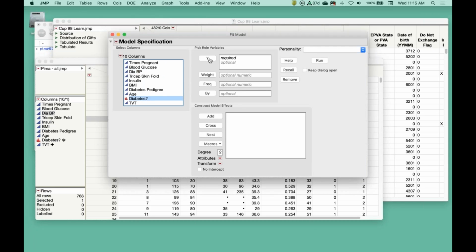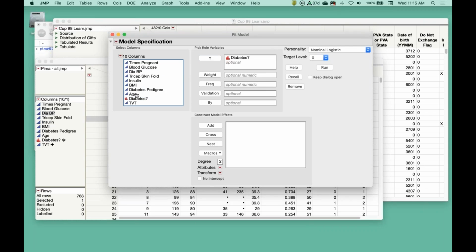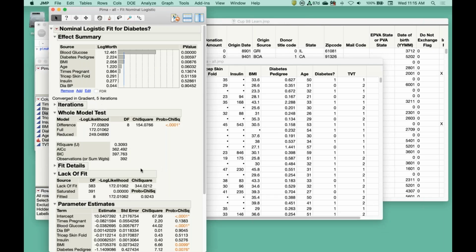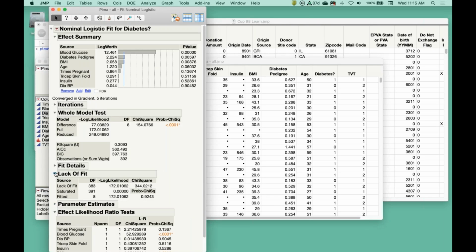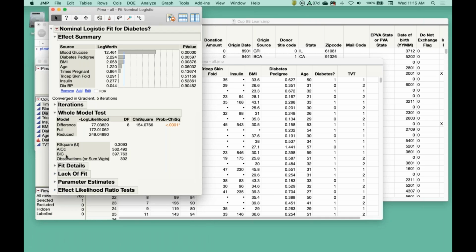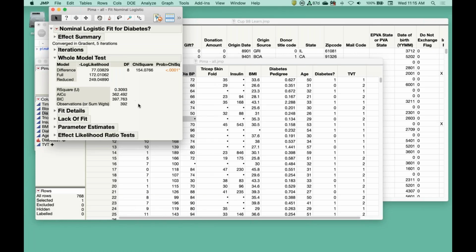Let me just make sure I've got this set up right. I've got my diabetes as my response, I've got my inputs. Let's take a look. There we go. Let me close some of these so this is not as busy. And there we go. You'll notice that when I run this, only 392 of those observations show up.